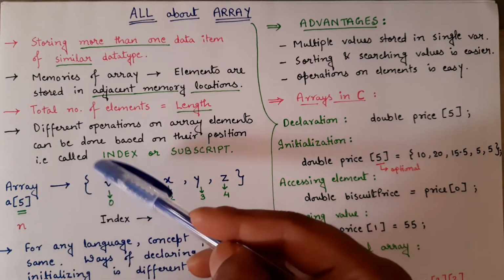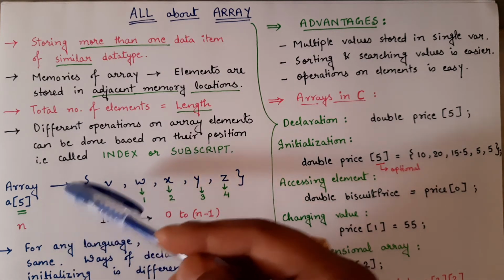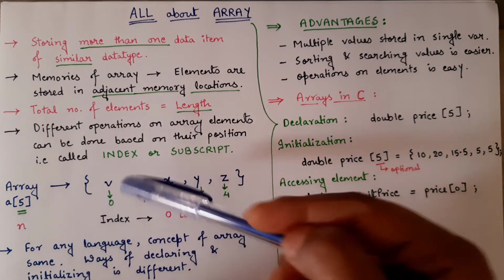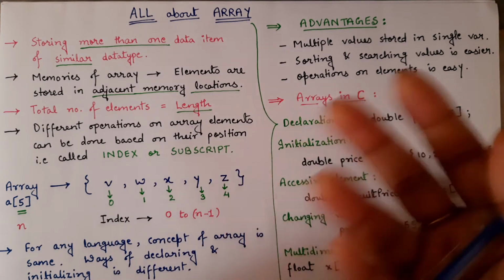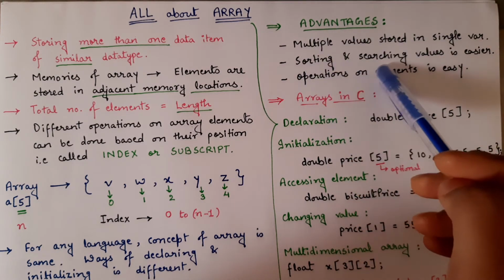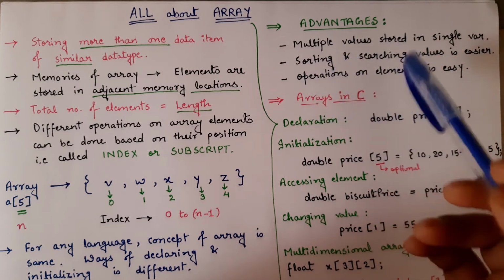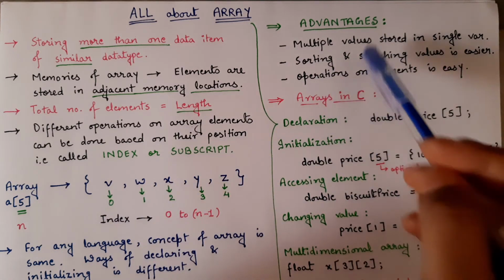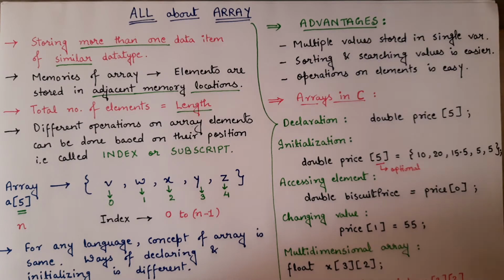I want to do plus 10, so a of 0 plus 10, a of 1 plus 10, a of 2 plus 10. So every kind of operation, any arithmetic operation or sorting or searching, becomes easy in case of array with the help of these indexes. So these are the 3 main advantages of array.